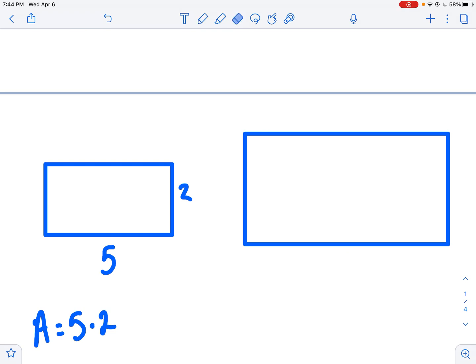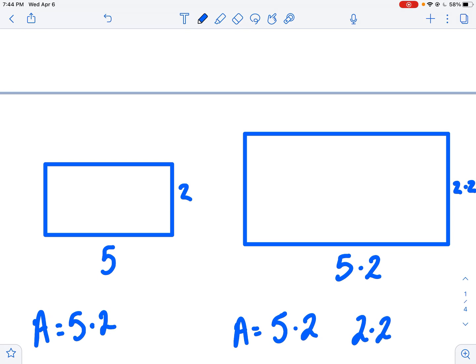And I can rewrite 10 as 5 times 2, and this was 2 times 2. So my area here, because I multiplied each side by 2, the base and the height both got multiplied by 2, or it got multiplied by 2 squared. So here I have 5 times 2 squared. So that's why we get the 2 squared, or the scale factor squared.